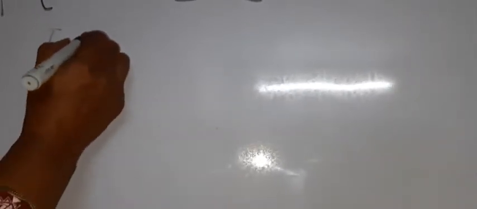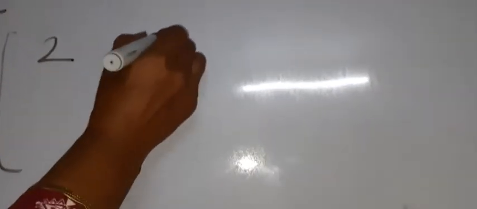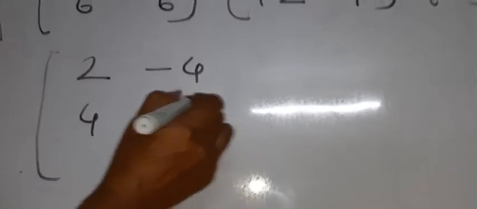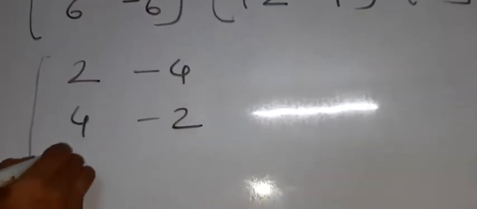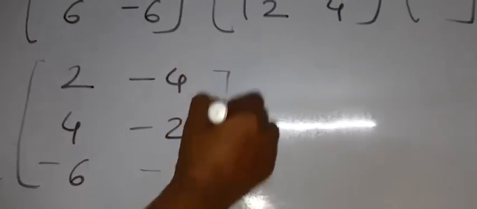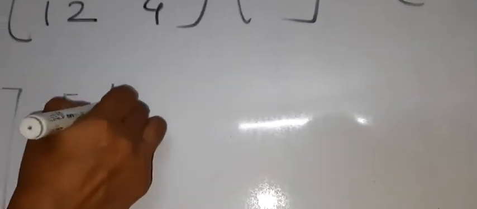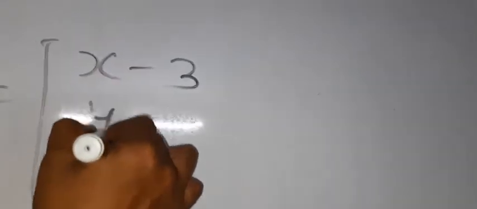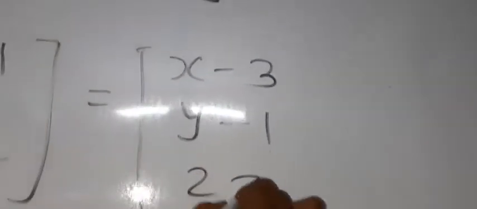Now simplify this: 6 minus 4, 2, 0 minus 4, minus 4, 6 minus minus, here plus, 6 minus 8, minus 2, 6 minus 12, minus 6, minus 6, minus 10, and this 1, 2, which is equal to x minus 3, y minus 1, 2z.